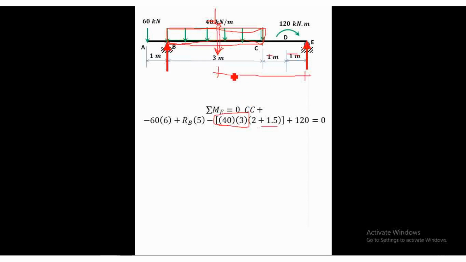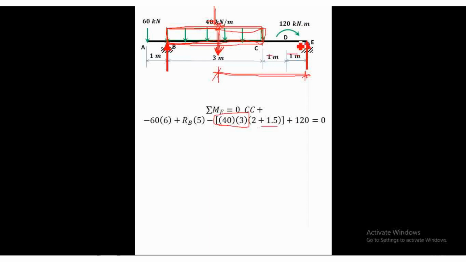Nagkaintindihan tayo doon? Ulitin ko, kapag uniformly distributed load, all you have to do is to take the area of that distributed load, at yung magiging distance niya is kung saan yung resultant or yung centroid hanggang doon sa point na kino-consider ninyo.